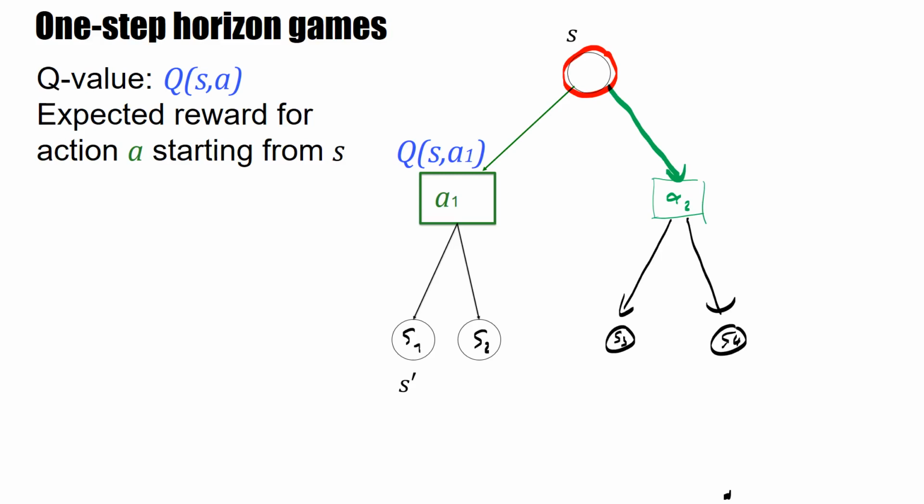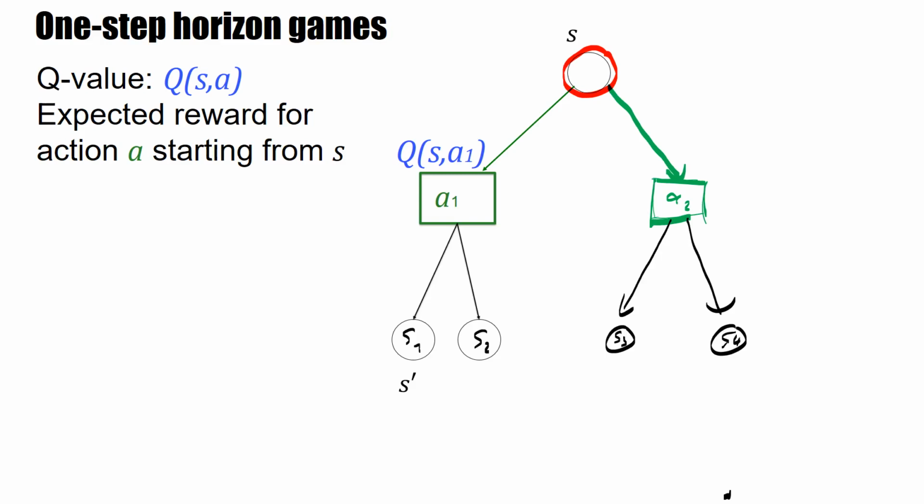So we start in the starting state and we take one of the actions, two actions or three actions. I've only drawn two, and you end up in one of the states. So even if you take a certain action, in particular if you take action A2, it's still possible that you end in state S3 or S4. This is out of your control.